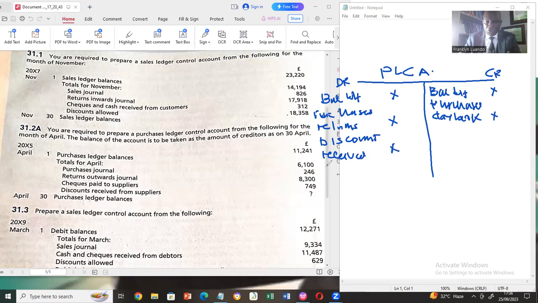We also have contra or set off. We also have cash and bank. We have paid.